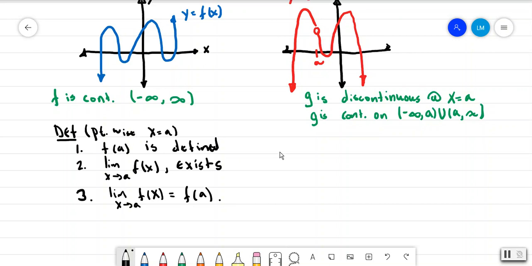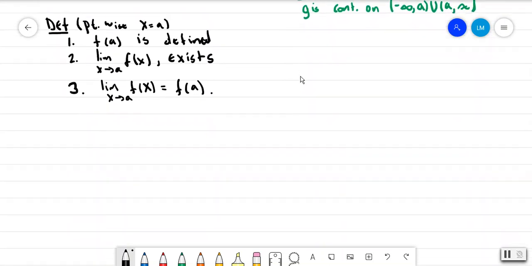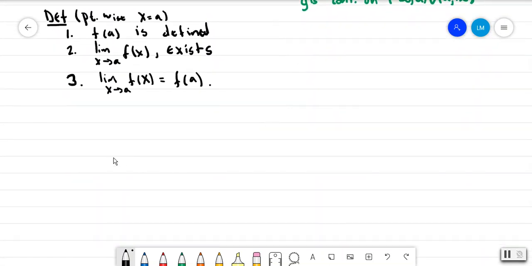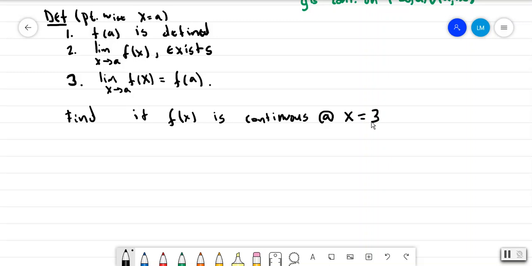So let's look at an example where we try to see if a function is discontinuous. Find if f of x is continuous at x equals 3.